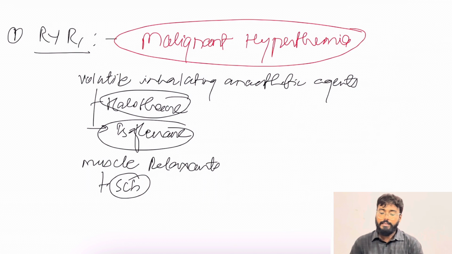So if there is a patient whose ryanodine receptor type 1 is defective or mutated, and you give these agents, the patient will end up in malignant hyperthermia.